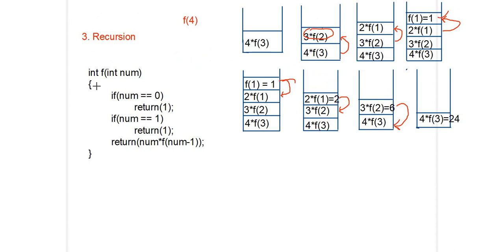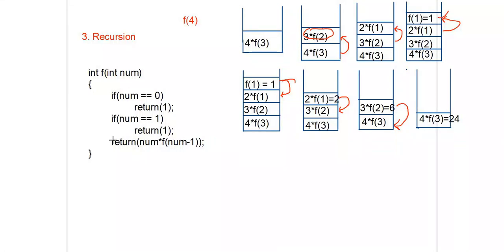Next application is recursion. I have written a factorial function by using recursion. If you see in the code of the function, it has one parameter, integer num, and when num is 0, our function will return 1, and when num is 1, our function will return 1.